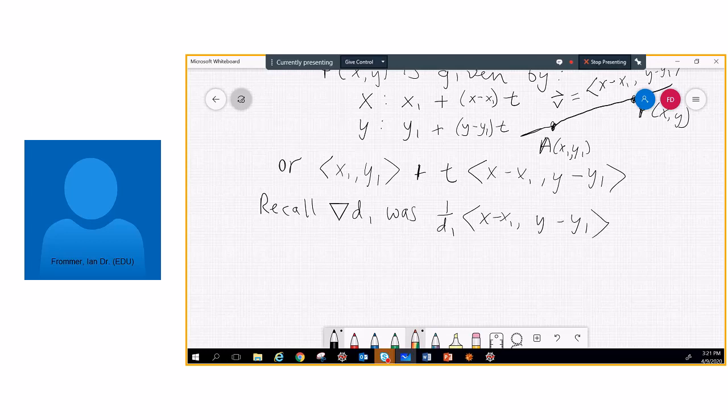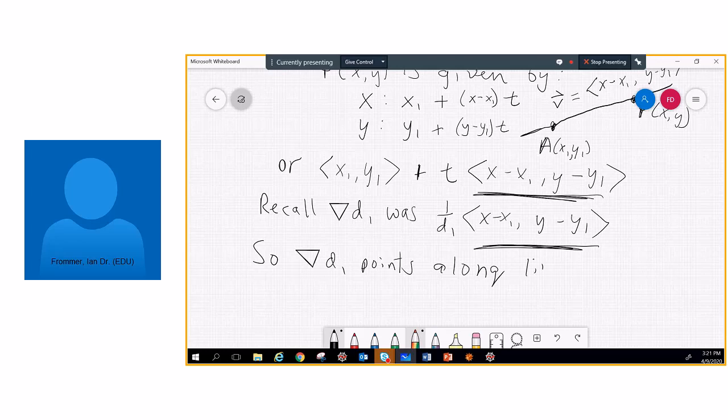So now you compare these two, and you can see that they have the same vector. In other words, d1 has this direction for it, and the line AP has that direction for it. So that shows that the gradient of d1 points along the line from A to P.